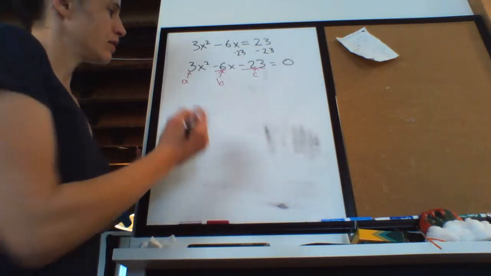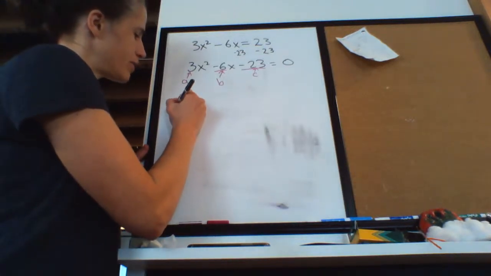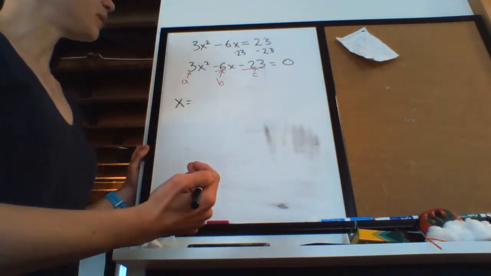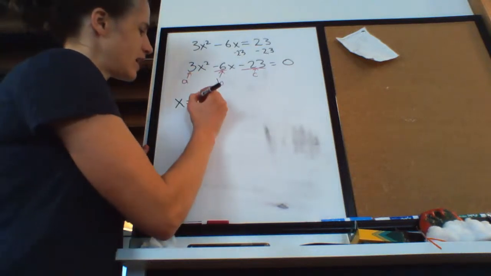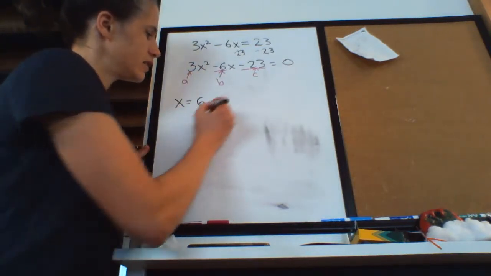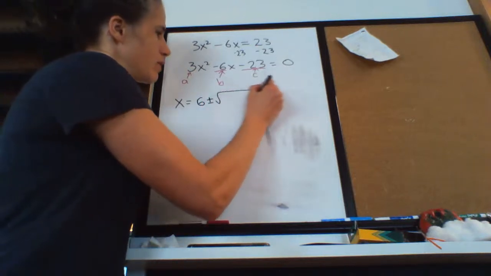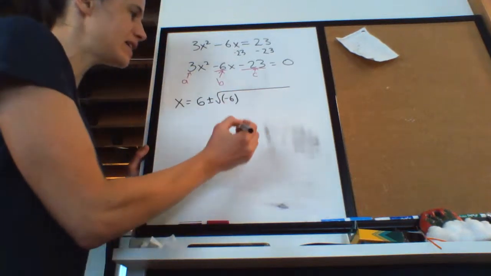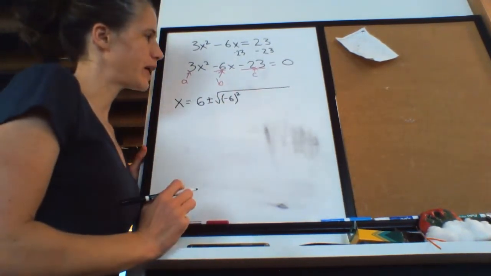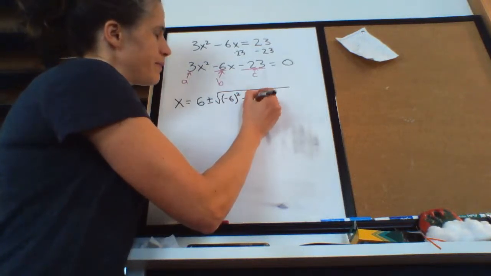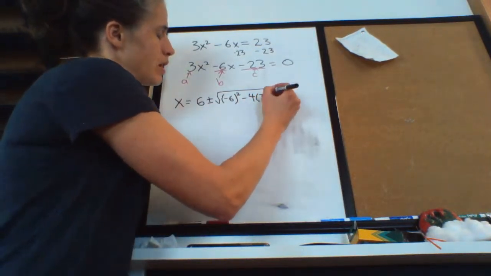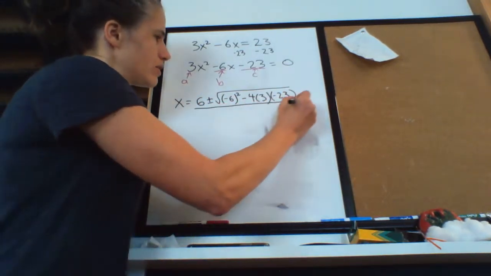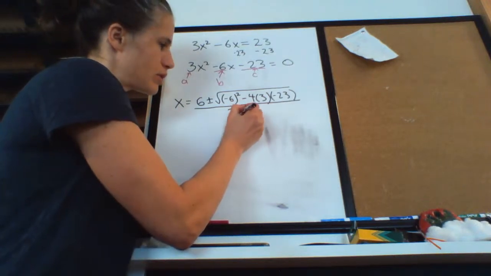Okay, so we're going to plug it into the quadratic formula. Negative B is always going to be the opposite of B. So negative 6 turns that to positive 6, plus or minus the square root. Be sure to put that negative 6 or whatever B is in parentheses squared, minus 4 times 3 times negative 23. Okay, and that all is going over 2a, 2 times 3.